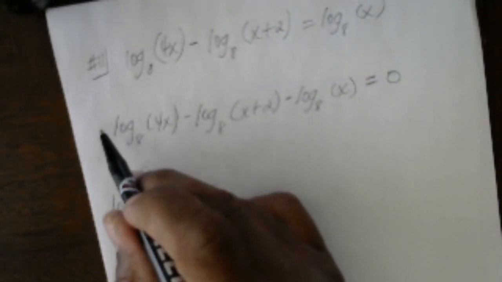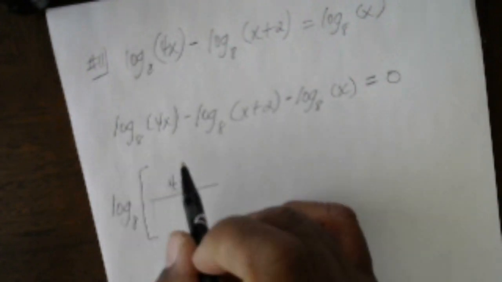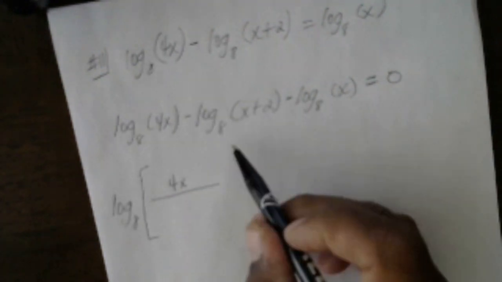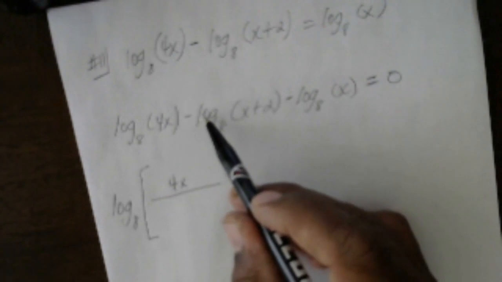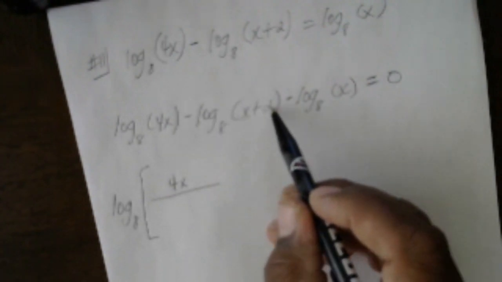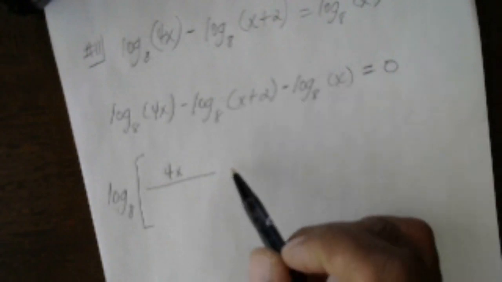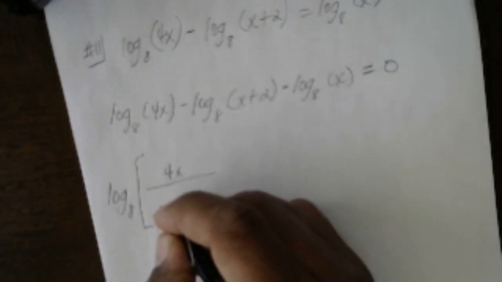So notice this is understood to be positive, right? So my positive logs go in my numerator. My negative logs go in my denominator. So here we have minus log base 8 of x plus 2 minus log base 8 of x. Since both of these things are negatives, I'm going to put them in the denominator and multiply them by each other.